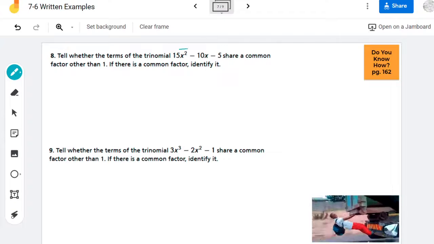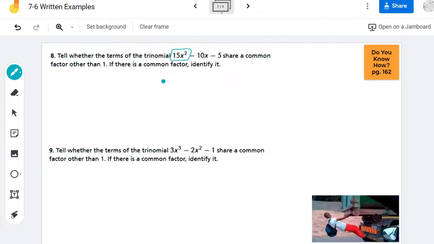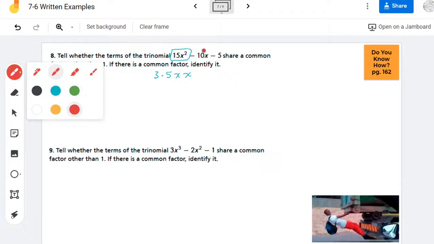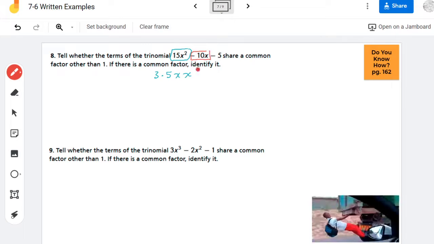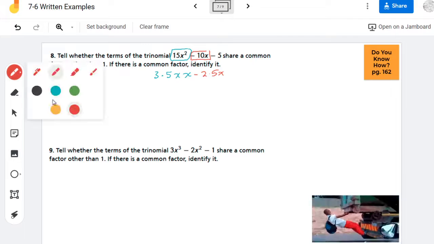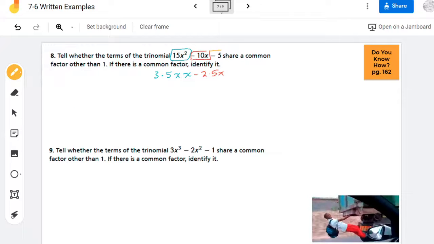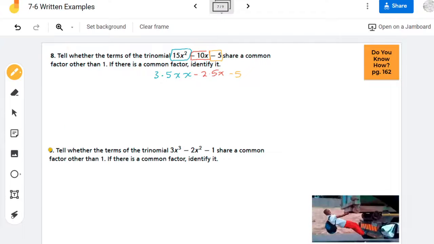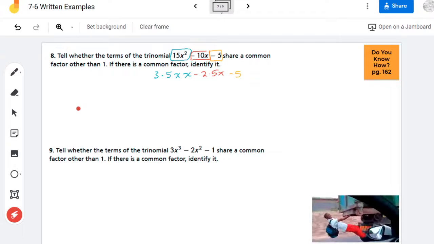So I'm going to break this up like I did in the baby days of this stuff. You probably already see it, but if you don't, I want to make sure that our process is very clear. I'm starting out by taking each term and breaking it up into its factorable components.